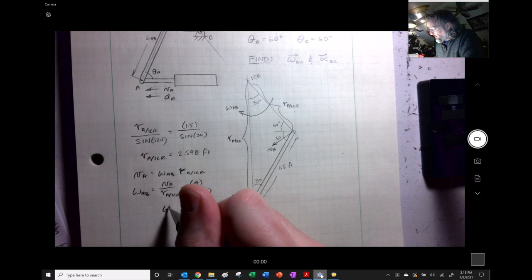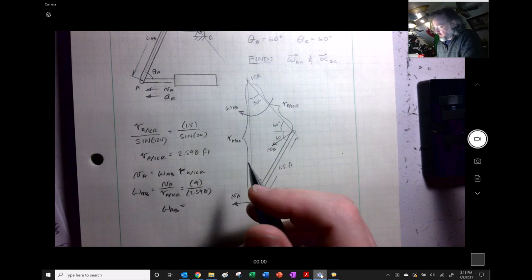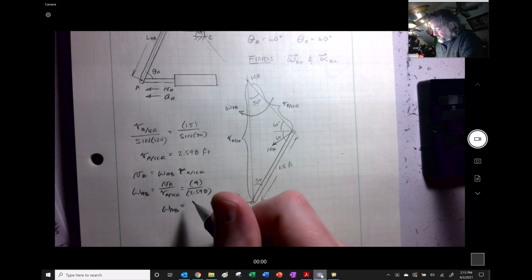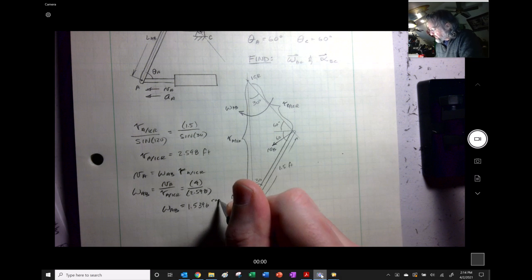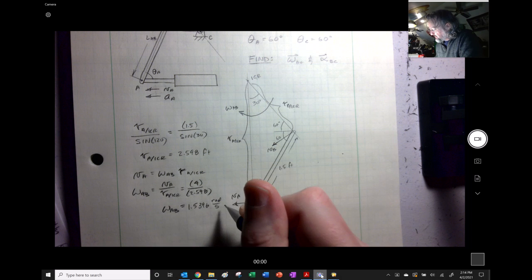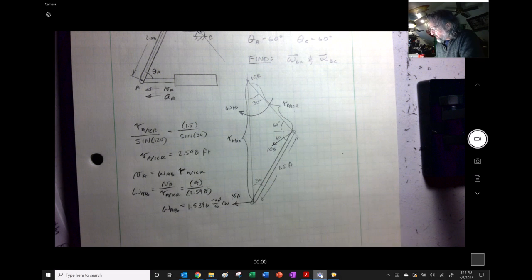I end up with omega AB is going to be 1.5396. I decided to go 5 sig figs, radians per second. And by the way, that's clockwise.